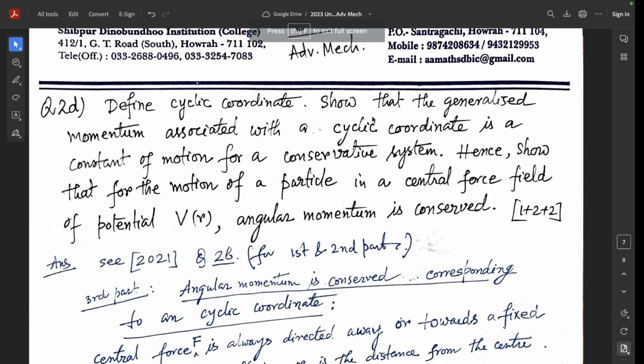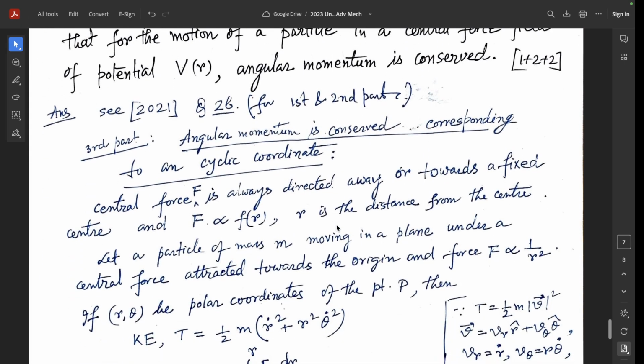The generalized momentum p_i associated with the cyclic coordinate q_i is the constant of motion for a conservative system. We have already discussed this in question paper 2021, question 2b for the first and second part. Only here we discuss the third part.